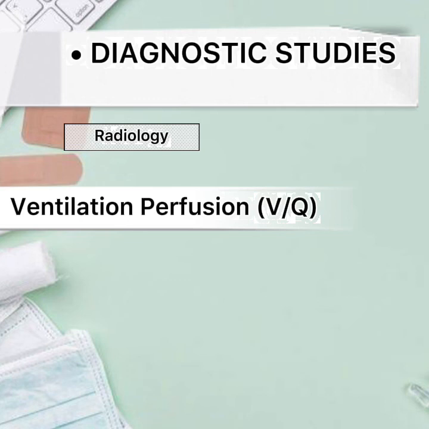So, for the result, normal scan shows homogeneous radioactivity. Diminished or absent radioactivity suggests lack of perfusion or airflow, and ventilation without perfusion suggests pulmonary embolism or atelectasis.